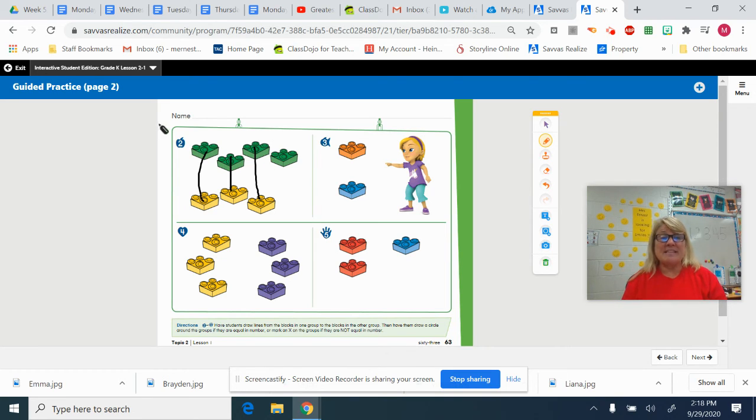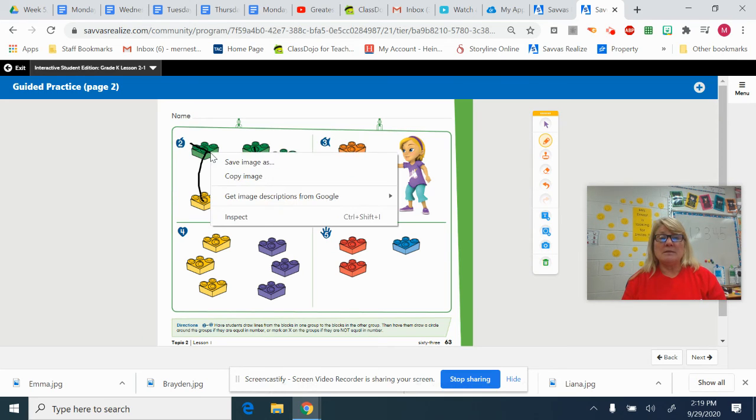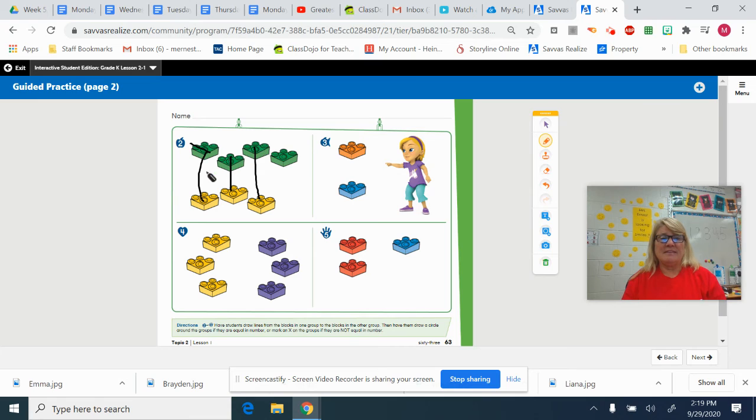Before you do anything, though, I want you to count the green ones. 1, 2, 3, 4. So right next to the green ones, can you make our number 4? Excellent. How many yellow ones? 1, 2, 3. 3 yellow ones.